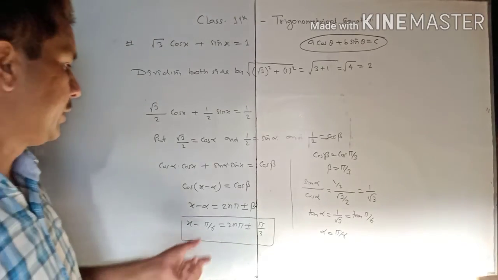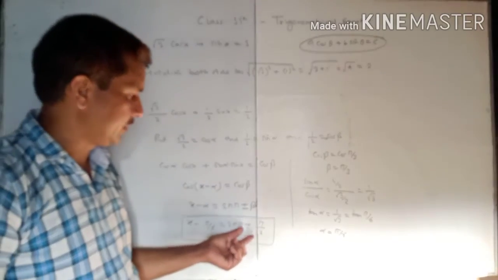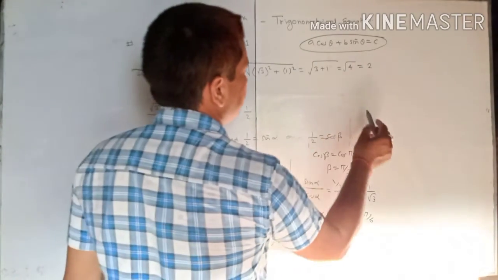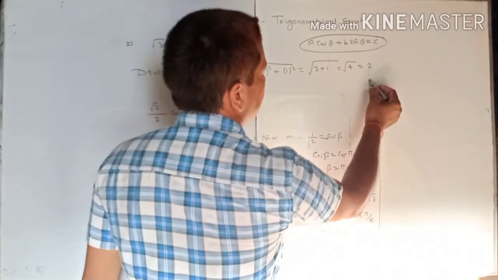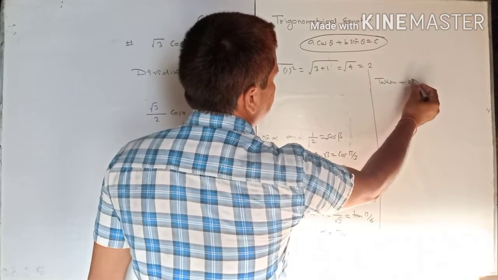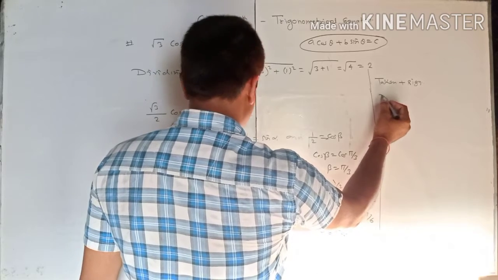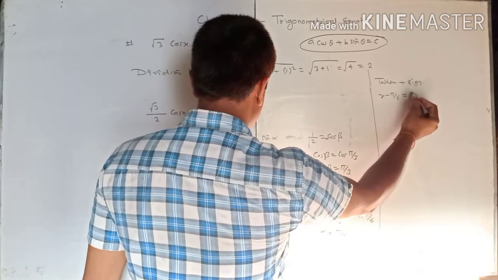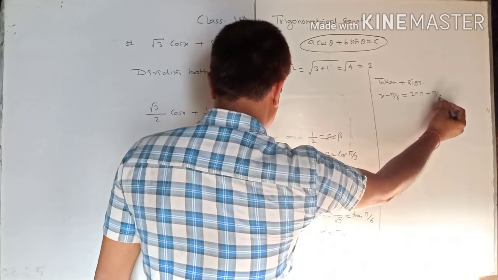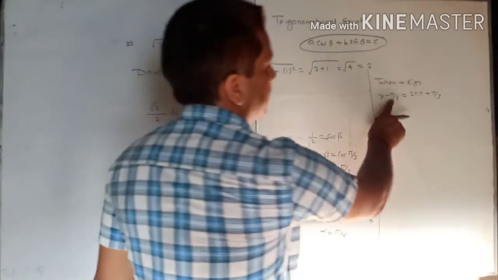Now here there are two cases. First of all take the positive sign and then the negative sign. Taking the positive sign, x minus pi by 6 is equal to 2n pi plus pi by 3. So transfer this to this side.